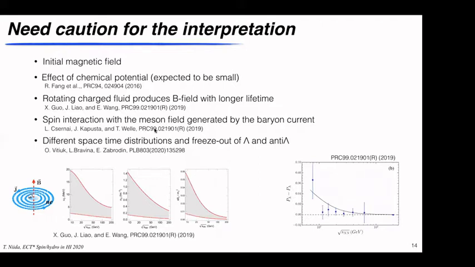In another paper, the spin interaction with the meson field can also be generated by the baryon current, and that also leads to this lambda and anti-lambda polarization splitting. And lambda and anti-lambda might be emitted at different times or different space points, which also leads to the splitting. So there are many effects, and we need caution for the interpretation.